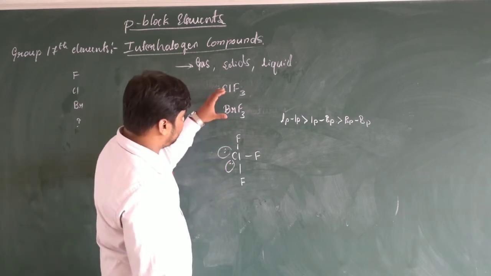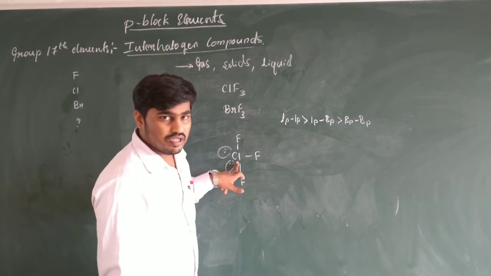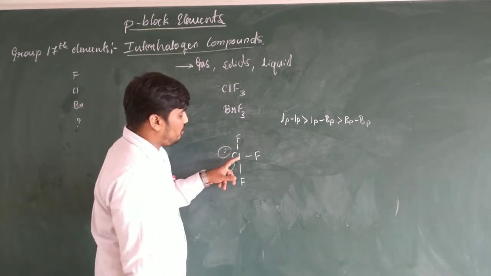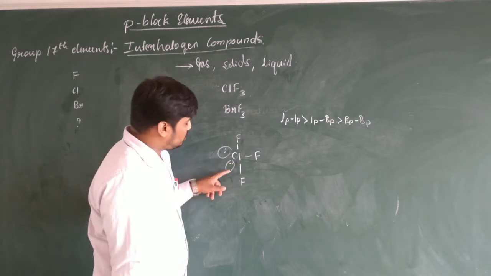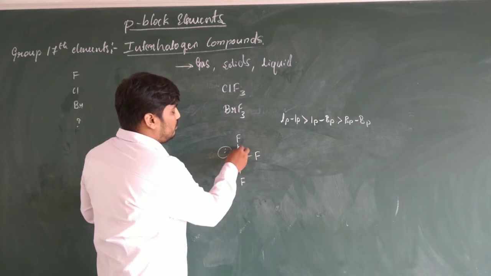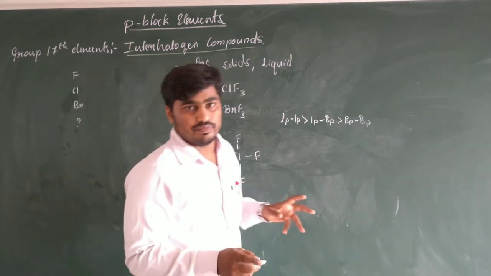In the structure of ClF3 or BrF3, the central atom is Br. The central halogen contains two lone pairs of electrons.